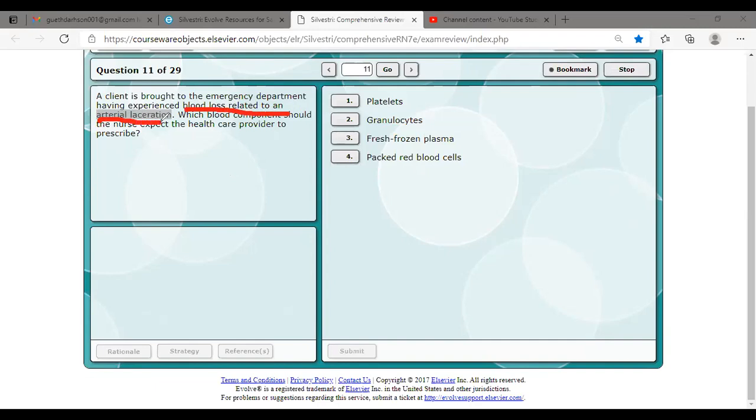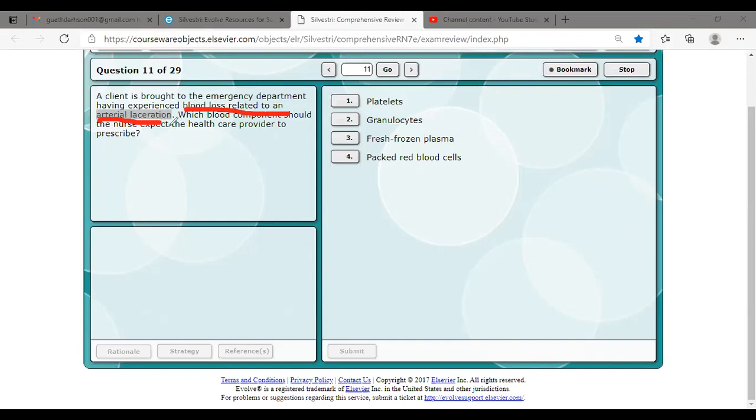So I need to give something to increase the total volume of blood. Because when there is blood loss, blood volume drops. When blood volume drops, blood pressure drops. When blood pressure drops, it leads to shock, and shock leads to death.